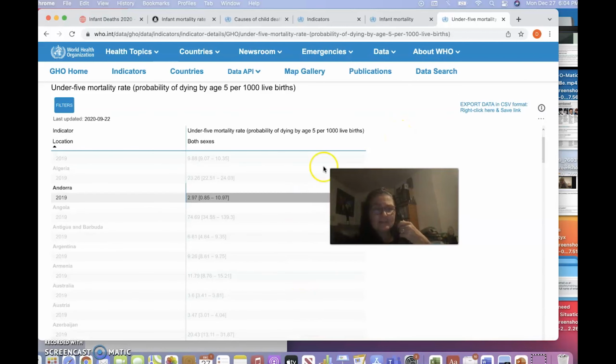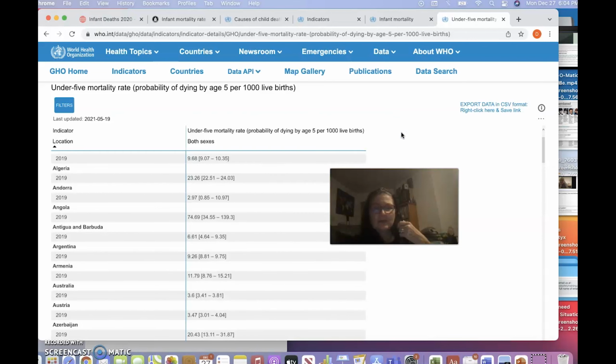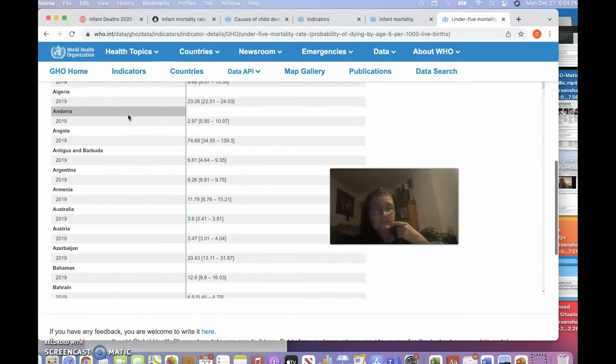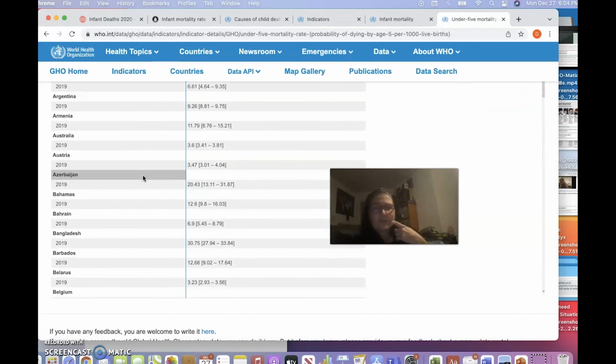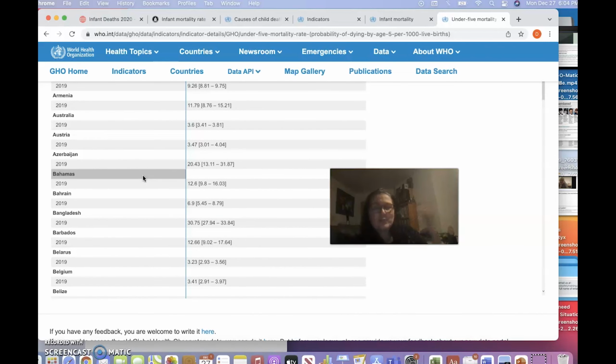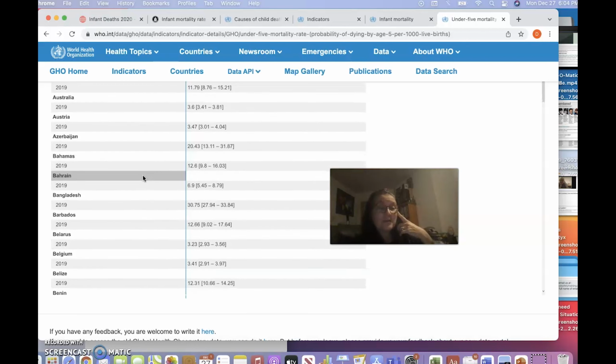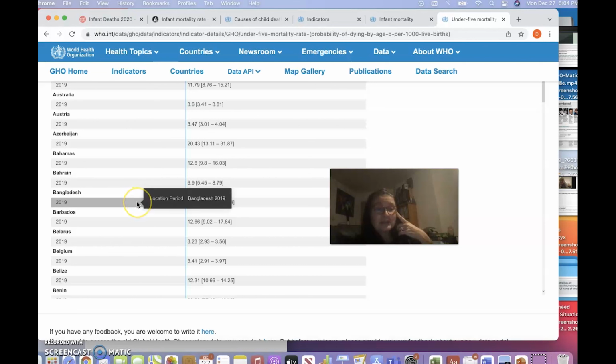And you can see Angola, it's quite higher than Afghanistan, which doesn't support the infant mortality rate from the CIA World Factbook. You would think that Afghanistan would be at the top of that list, but they're not. If we look at Bangladesh, they have 30.